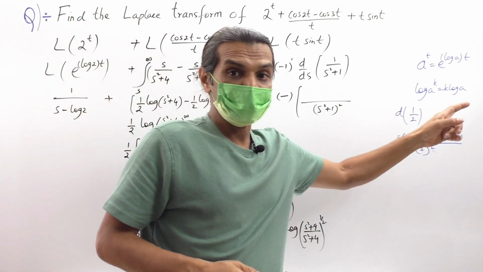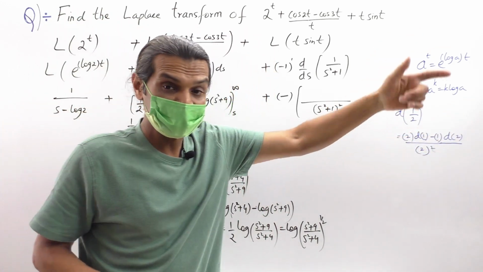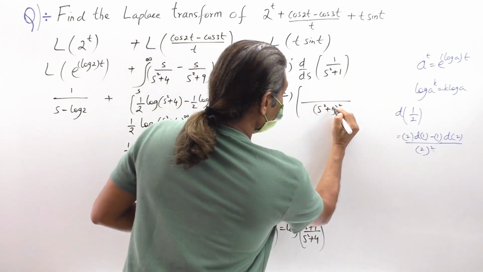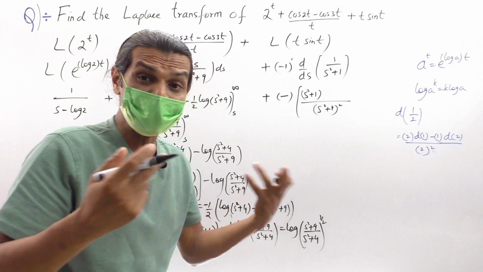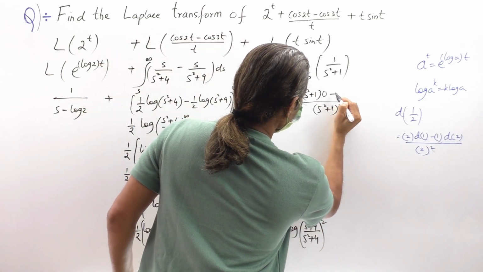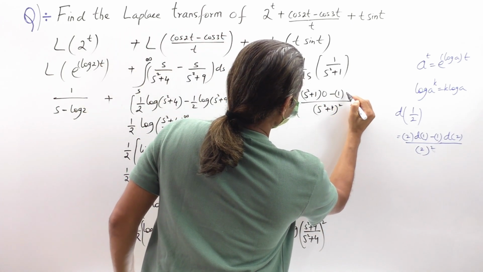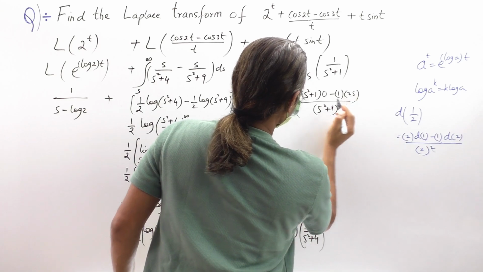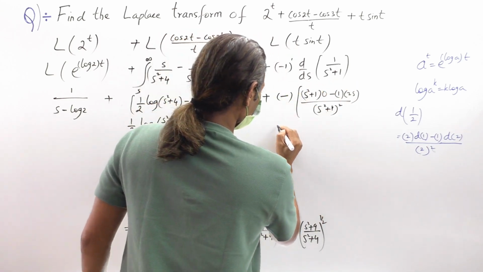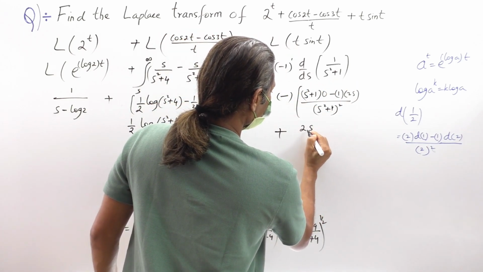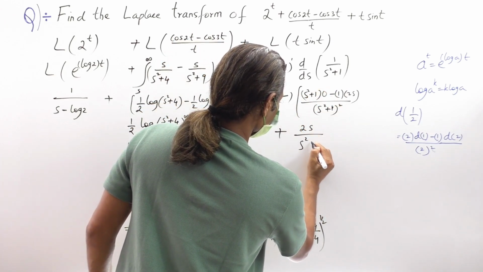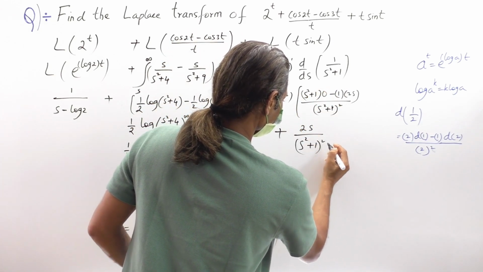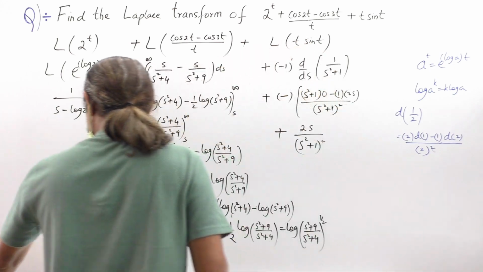So denominator square, differentiation of 1 is 0. 0 minus 1 as it is, differentiate s square is 2s. Now minus and minus become plus. So this will be now plus 2s divided by (s square plus 1) the whole square. So now we have the answers here.